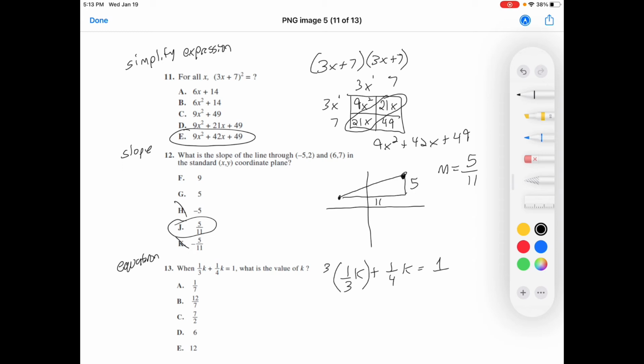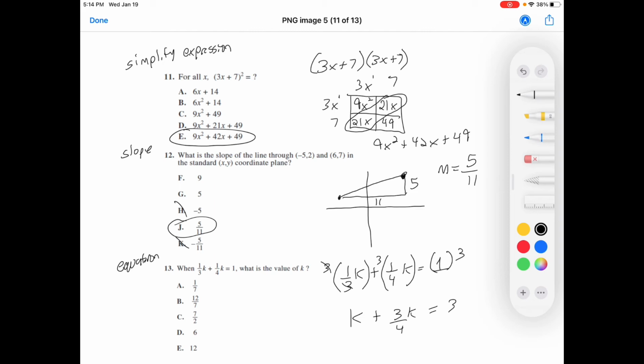So what you do to one term, you have to do to every term. So multiply everything by 3. On this first term, that gives you 3k over 3, which the 3's just cancel out, so I'm left with k. The second term is now going to be 3 over 4k, and that's going to be equal to 3.